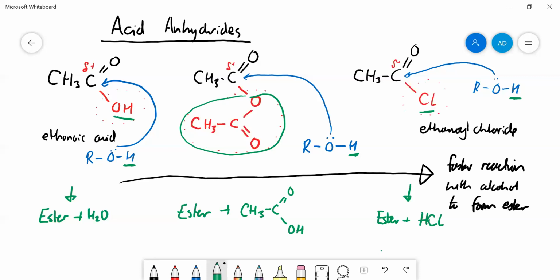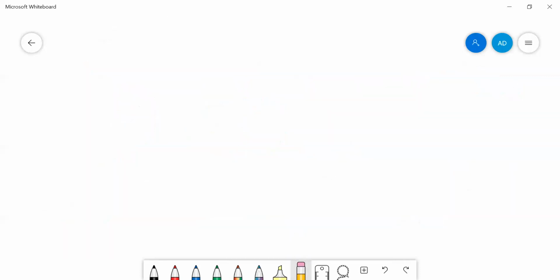Right, a little bit more about acid anhydrides. The structure looks fairly complicated and ungainly, and people do tend to have problems remembering them. So if you get it straight in the first place, you should be okay. So let's have a closer look at acid anhydrides. Why are they called acid anhydrides?